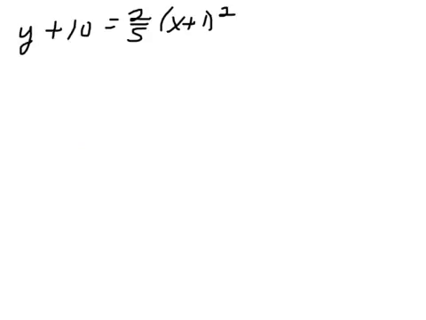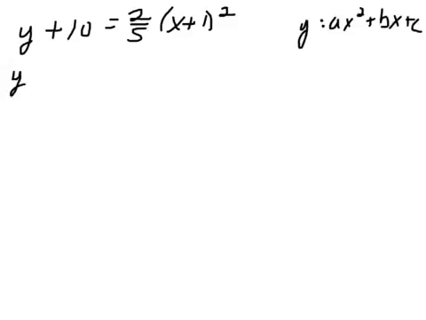All right, in order to do that, all I have to do is solve for y. And in order to solve for y, all I really have to do is move 10 to the other side, but it's going to look kind of ugly because I really need to have it in the form y equals ax squared plus bx plus c. So that means I'm going to have to simplify that whole right-hand side.